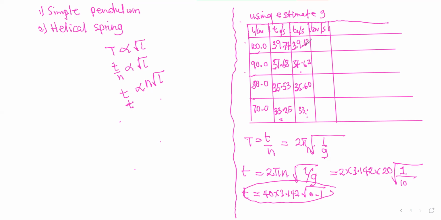If your stopwatch records 2 dp, then to create that difference, the average value must also be expressed in 3 dp. Example, add 39.74 to 39.62 and divide by 2 for me. 39.74 plus 39.62, and then divide that by 2. It's 39.68.